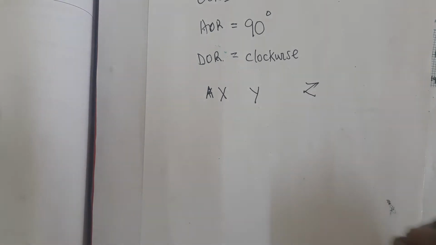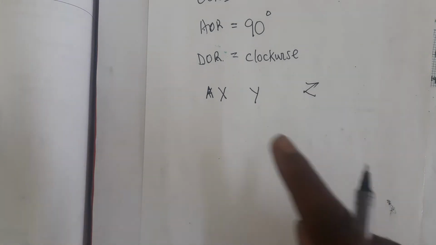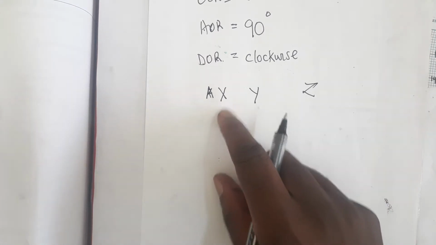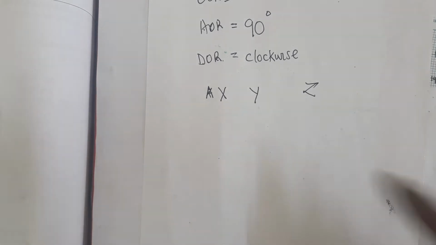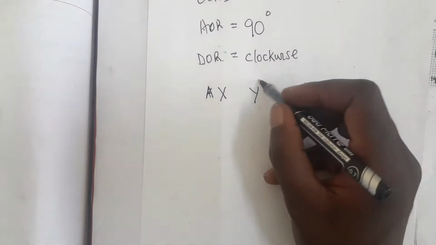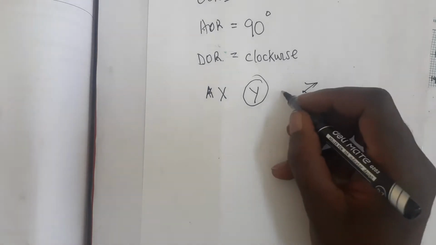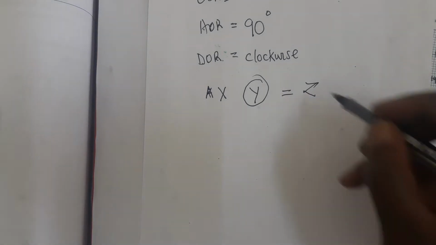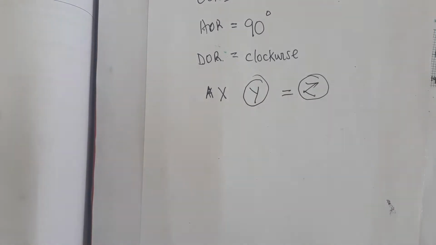The matrix that is going to come from the coordinates of the matrix that we want, 1. And then we are also going to get the coordinates of the object. Those coordinates of the object, they will give us this matrix. Then the coordinates of the image, they will give us this matrix here.